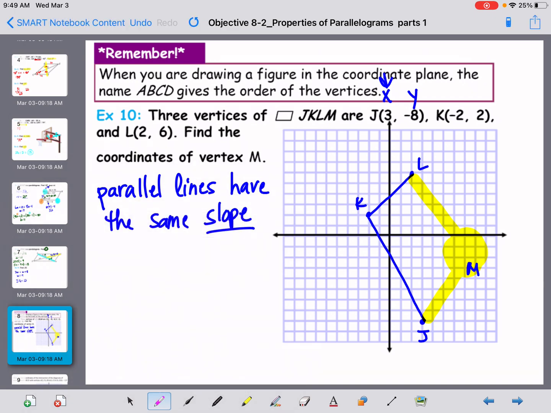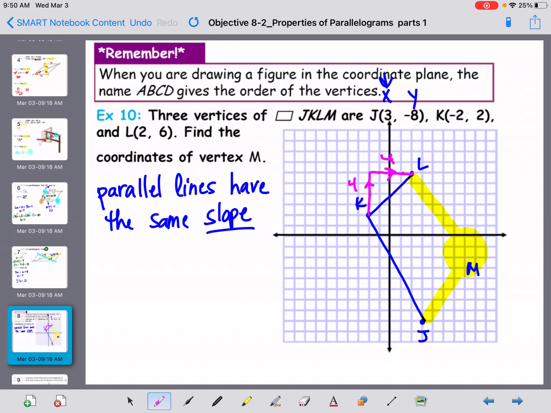So let's figure out what the slope of KL is. I'm going to go up and over. Okay, so let's count my slope. 1, 2, 3, 4. So I went up 4, and then I went to the right 1, 2, 3, 4.